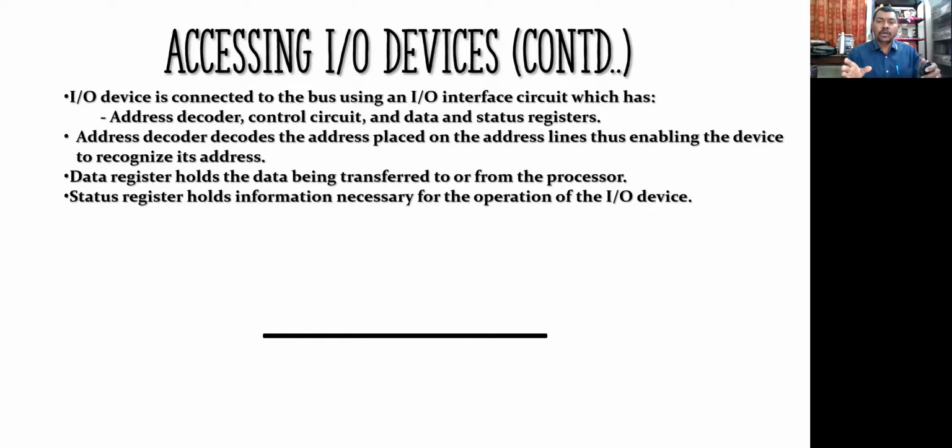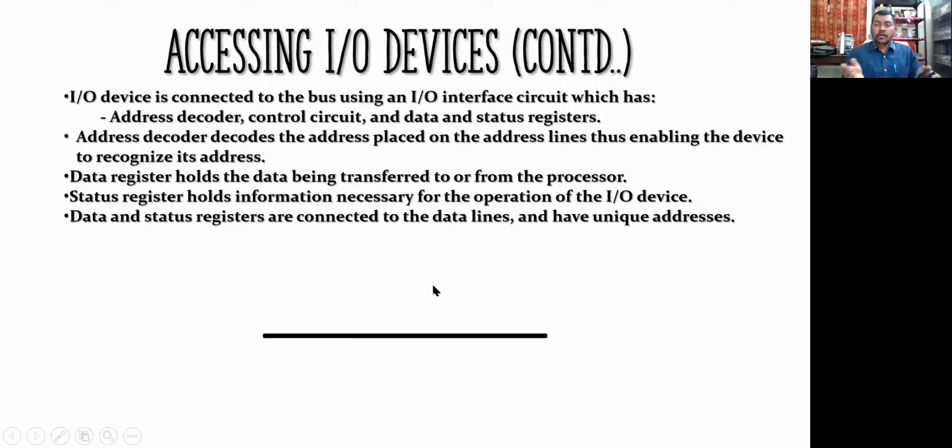That control word is going to specify whether port A is an input port or an output port, and how you're going to use port C upper and port C lower. These are the specific things that are required by the status register. So the status register holds information necessary for operation of input and output devices.